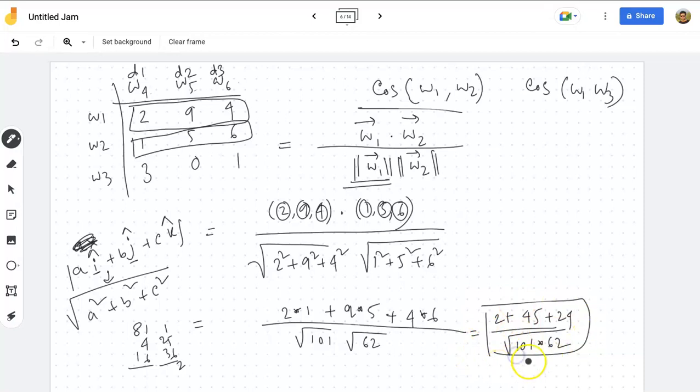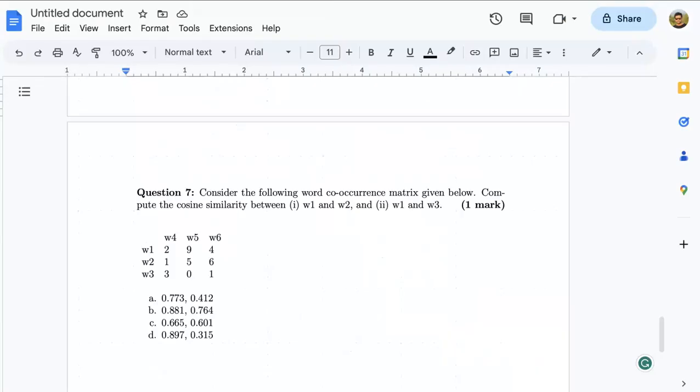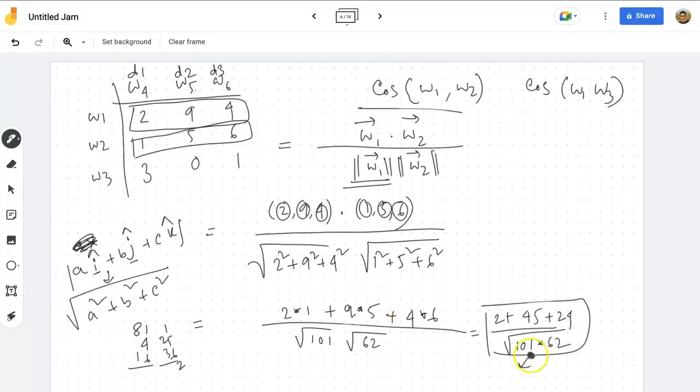If you do the calculation you will get the value. If you have a calculator, you can just solve it and get the value.